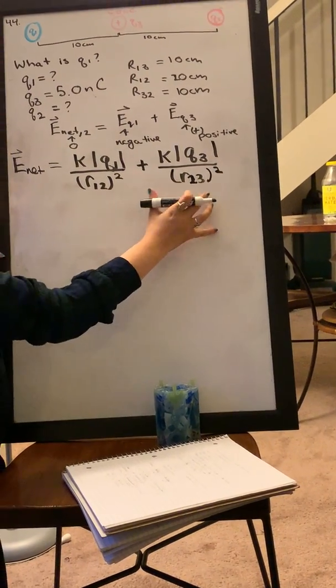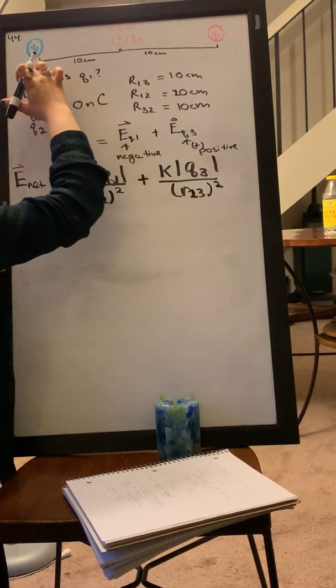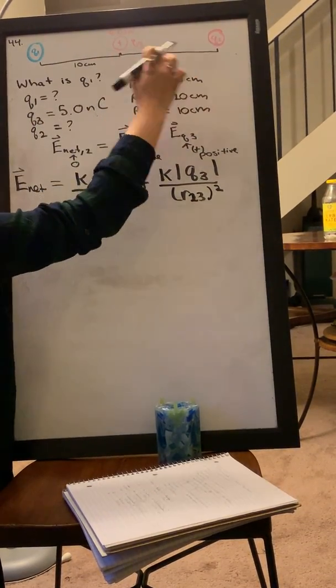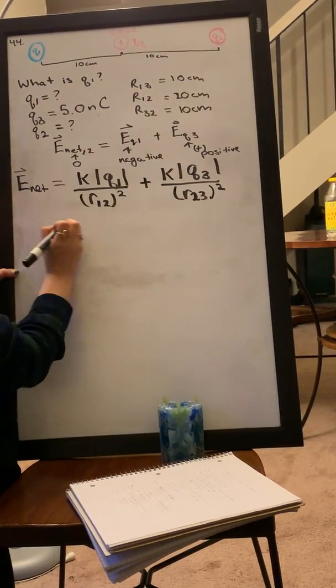So basically these are the influence of Q3 onto Q2 versus Q1 onto Q2.